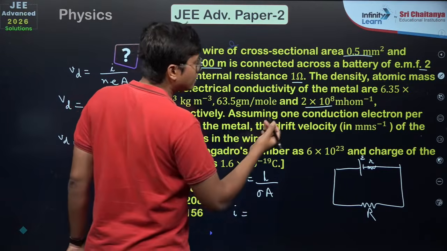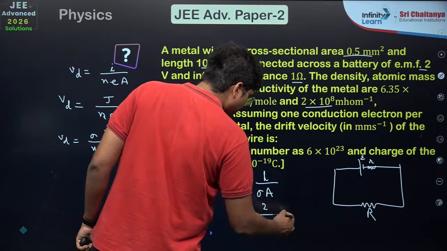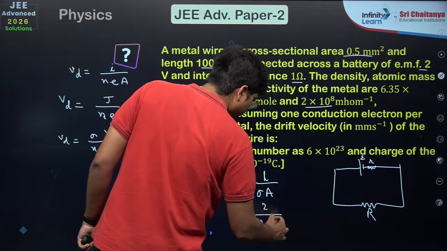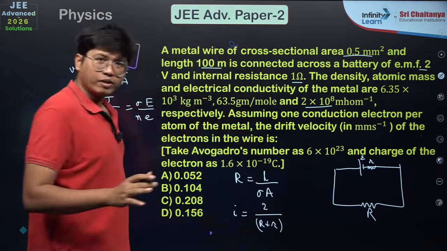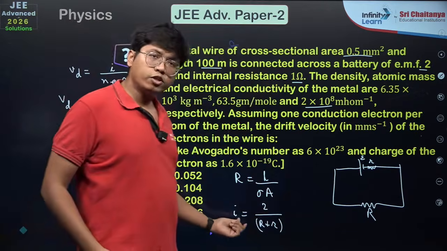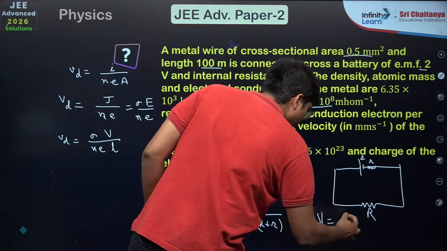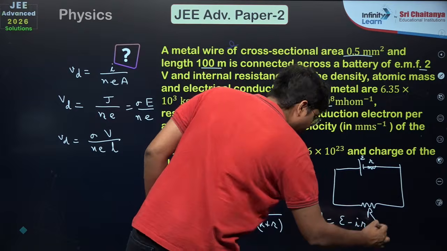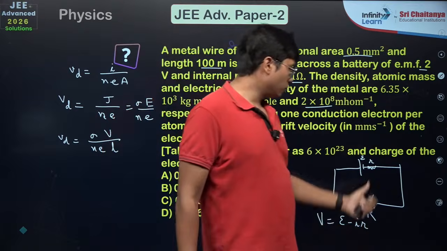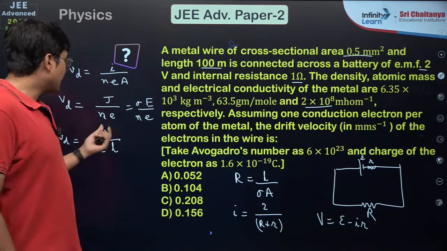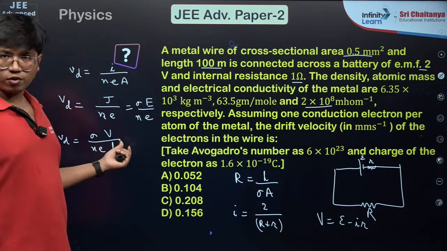The current then is equal to the EMF, which is 2 volt, divided by your capital R plus small r. Again, I'm not getting into the heavy calculations over here. Once you have the current, then you go to the voltage as V is equal to that EMF minus I times small r. EMF value you know as 2 volt, I value you would get from here, small r you would get. Take that, plug that V in this formula.